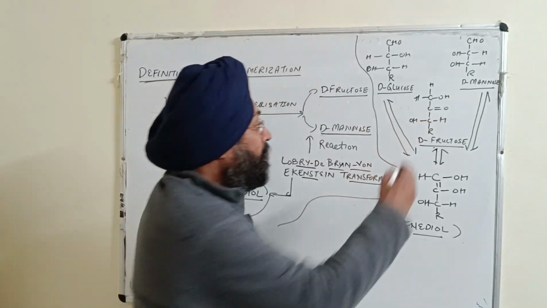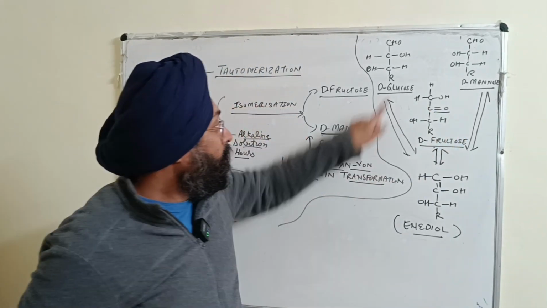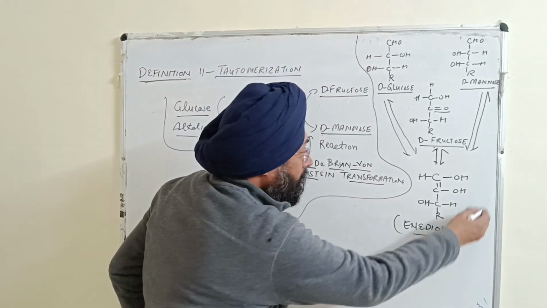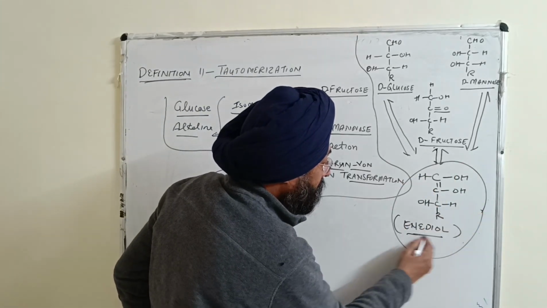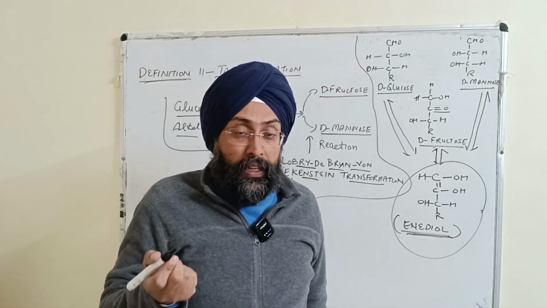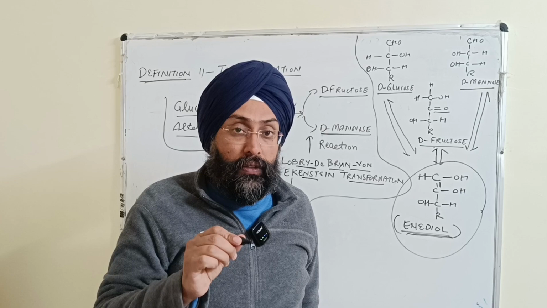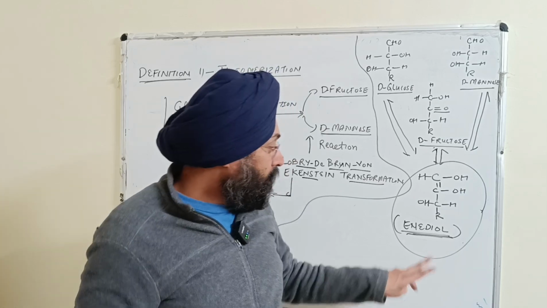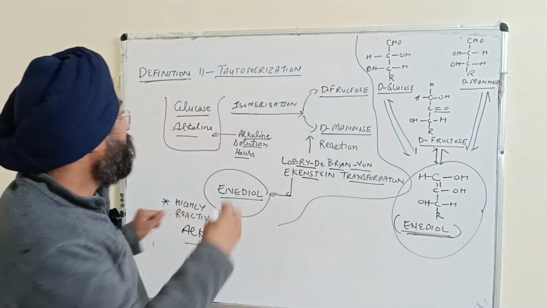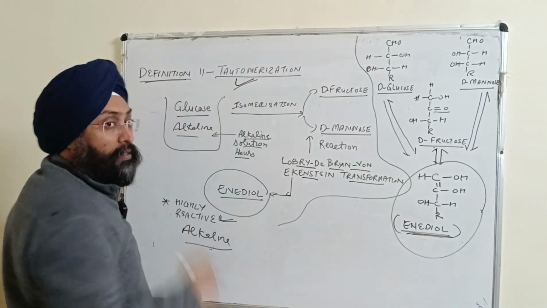And fructose, we have a keto group, right? So we are shifting a hydrogen atom from one carbon to another, which will result in the formation of a common intermediate that is known as enediol, right? So an anomeric carbon containing sugar kept in alkaline solution for several hours will result in a common intermediate that is known as enediol, and these reactions are known as tautomerization reactions, right?